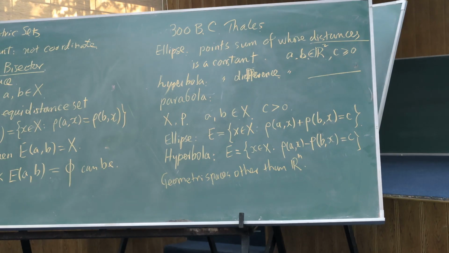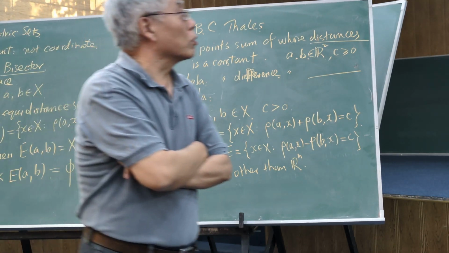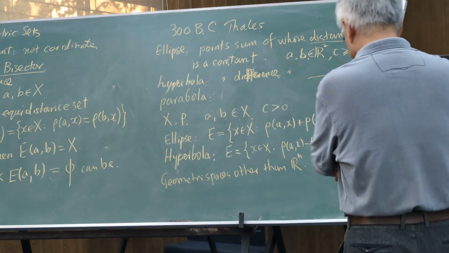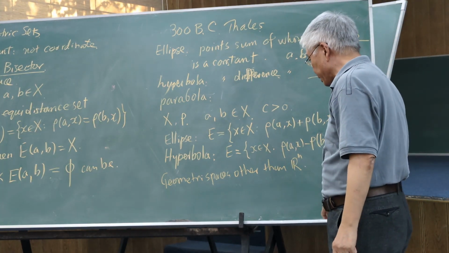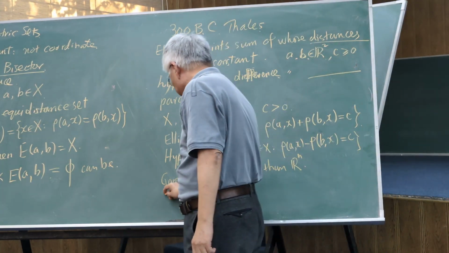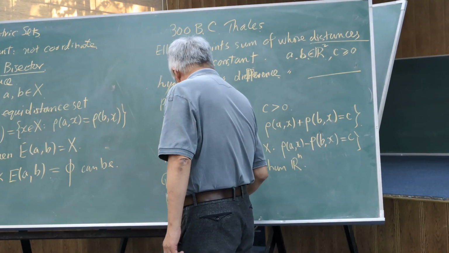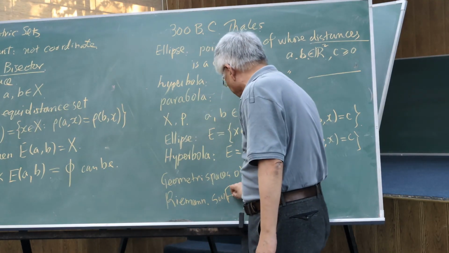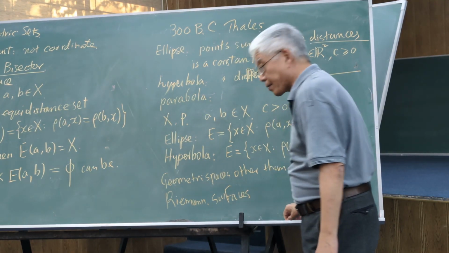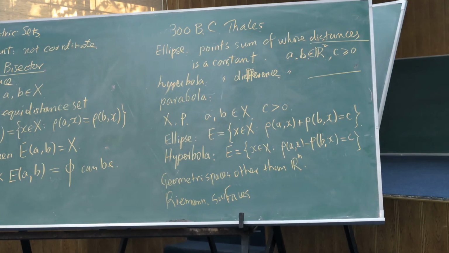If you go now slightly more than that, you come into what are called Riemann surfaces. In dimension 2 only, Riemann surfaces, we don't know. And I will now have to display the proper definition of a Riemann surface. In any Riemann surface, what are the metrics like?